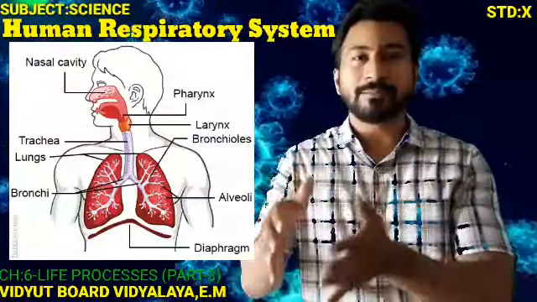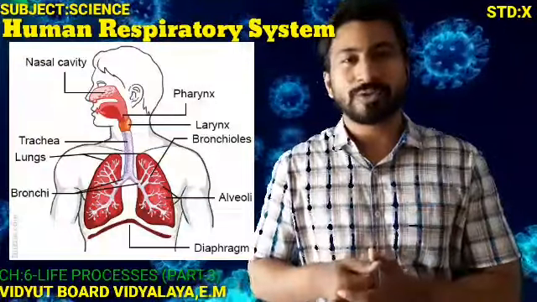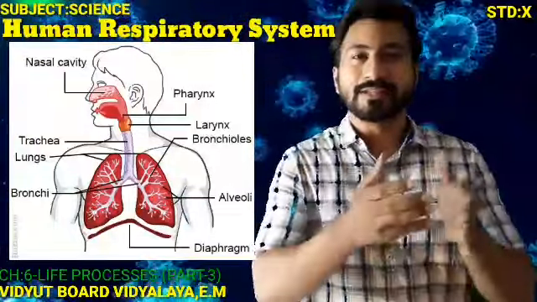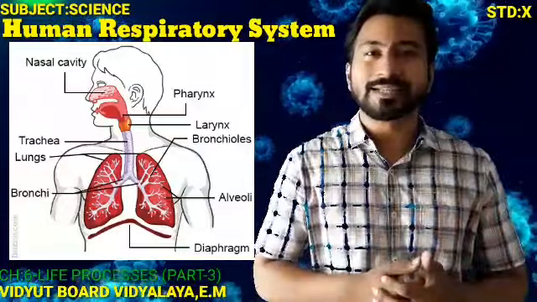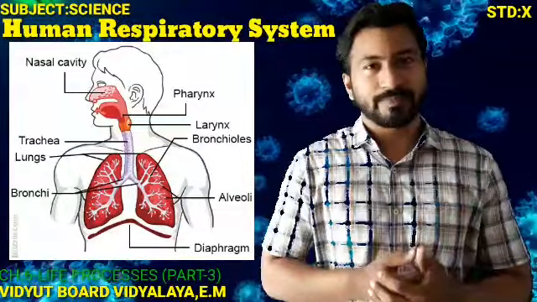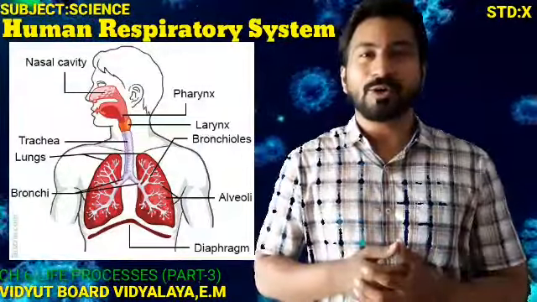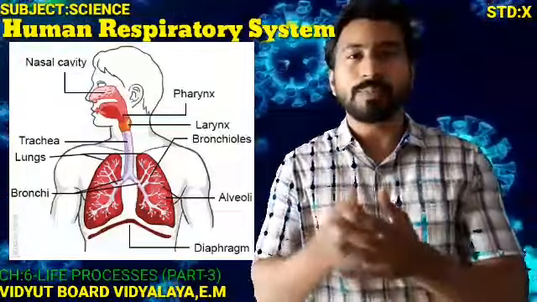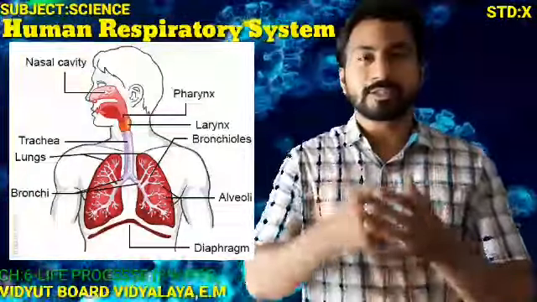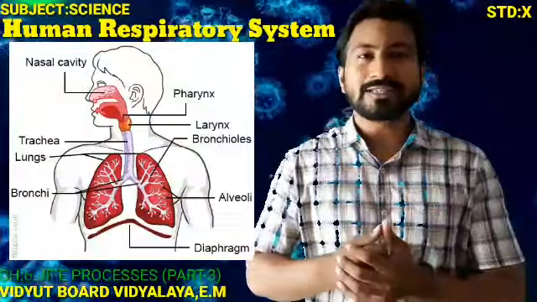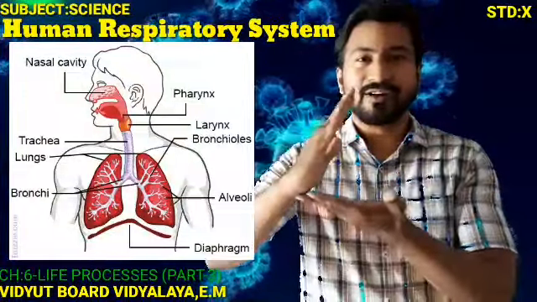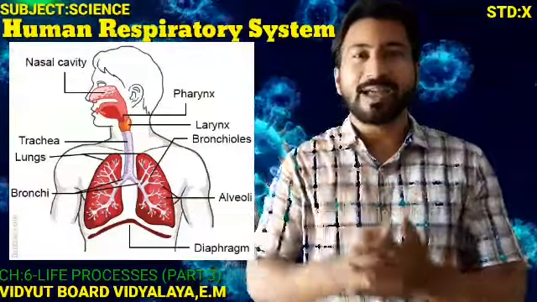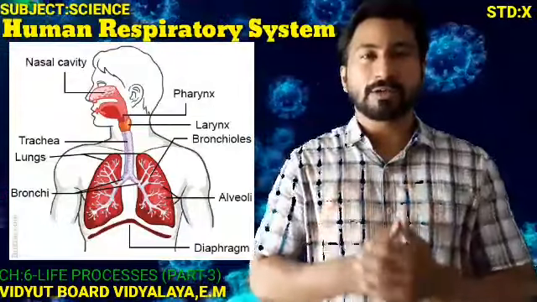The windpipe is known as the trachea, and the food pipe we know very well, that is the esophagus. At the starting of the trachea there is one opening, and that opening is known as the glottis. This glottis is mainly covered by one flap, and that flap is known as the epiglottis.